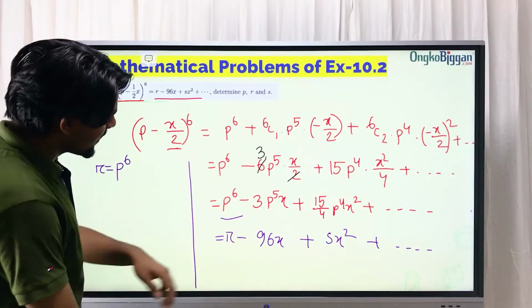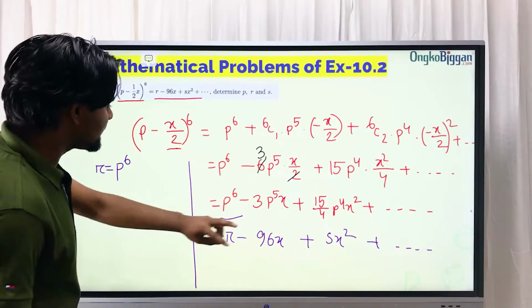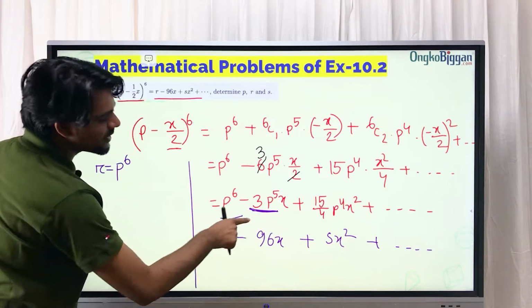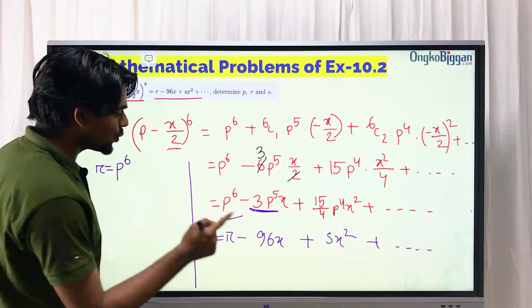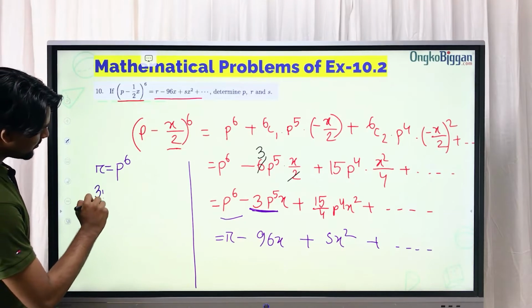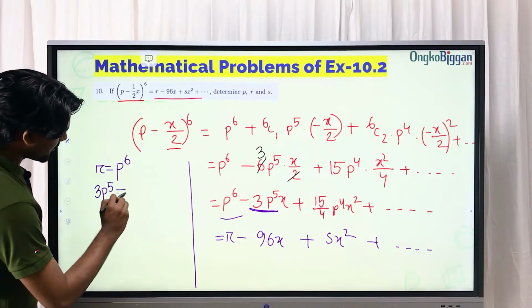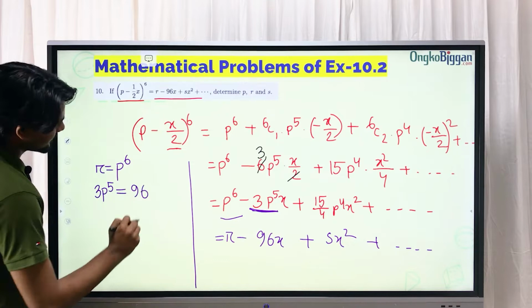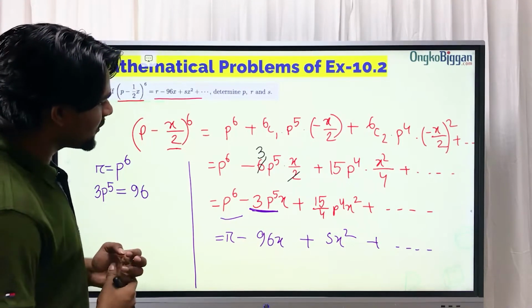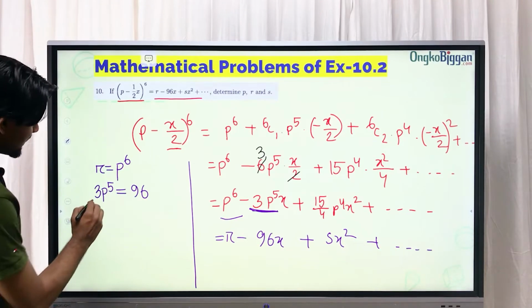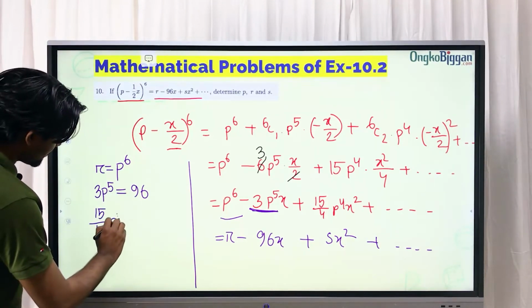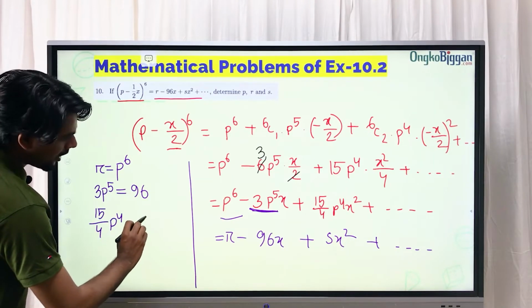Then we have 96x, so we can tell that 3p^5 will be equal to 96. So you can write 3p^5 equals 96. And finally 15/4 p^4 will be equal to s.